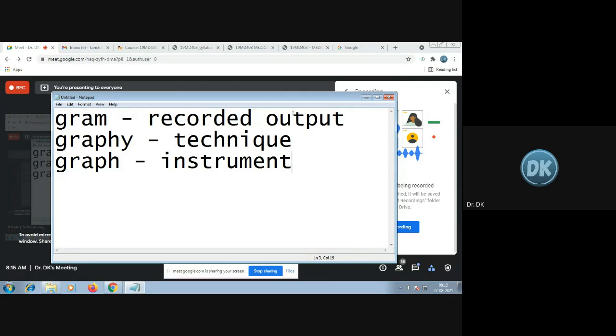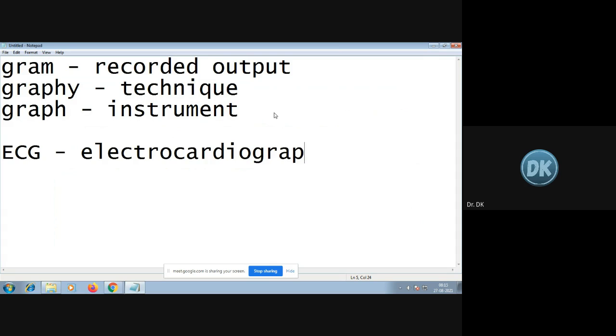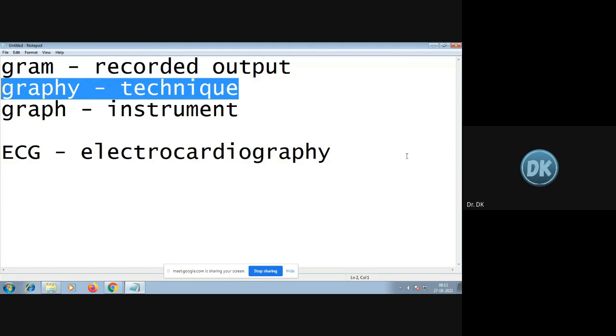So why I'm typing this in specific is that if you are going to study about ECG, ECG is electrocardiography. So this graphy represents the technique of measuring the heart signal.